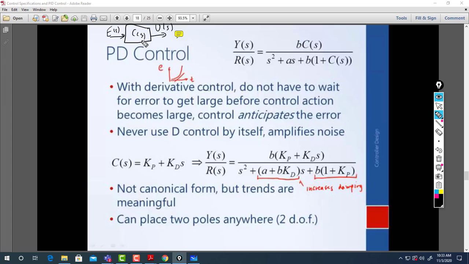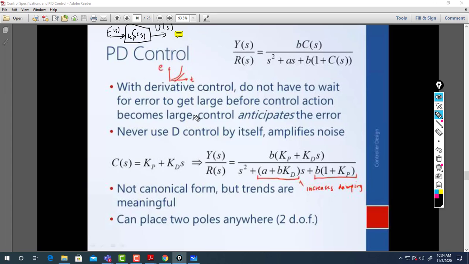If it's proportional, assuming you have Kp, you need to wait for the error to get large to have a large control action, because it reflects the present. The proportional controller reflects the present, the actual error. It deals with the actual error now, how much it is, and based on it gives a control signal to the system.